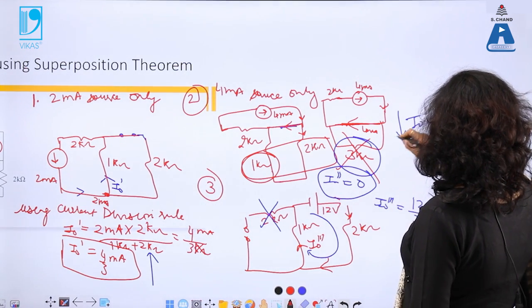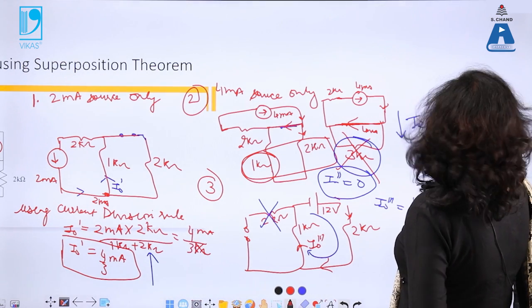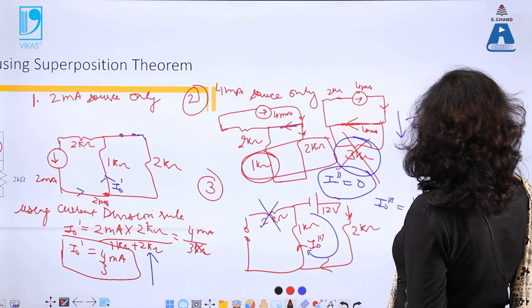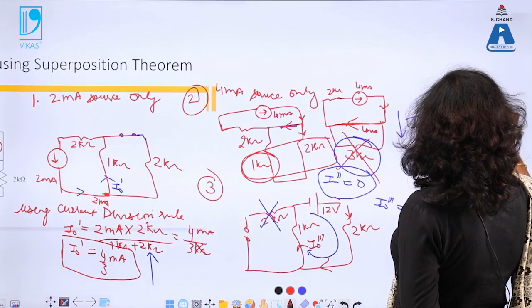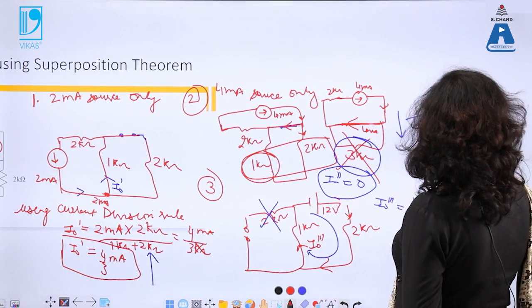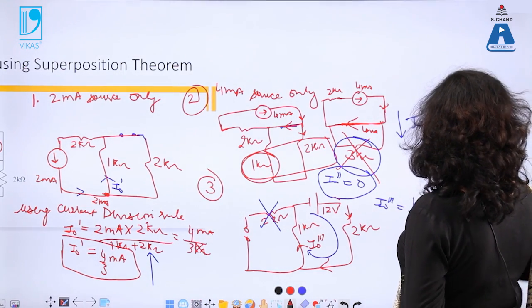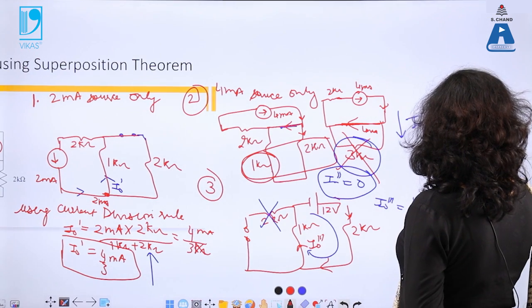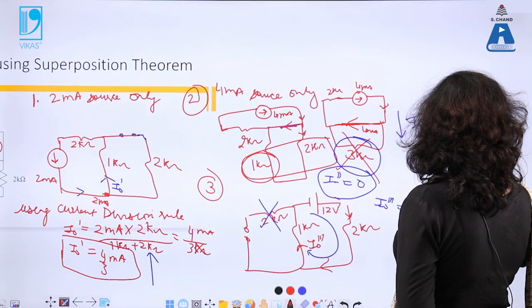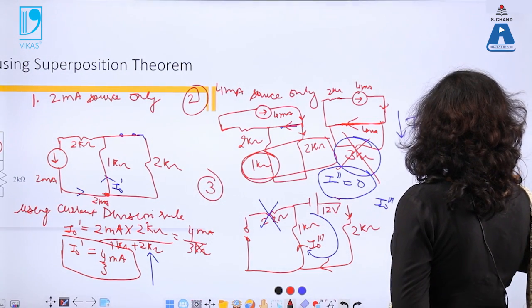So basically both are in opposite direction. So I'll write minus I naught dash minus I naught triple dash because I naught double dash is 0. So I'll get this as minus 4 by 3 and minus 4. So that is minus 16 by 3. Minus 16 by 3 is my answer.